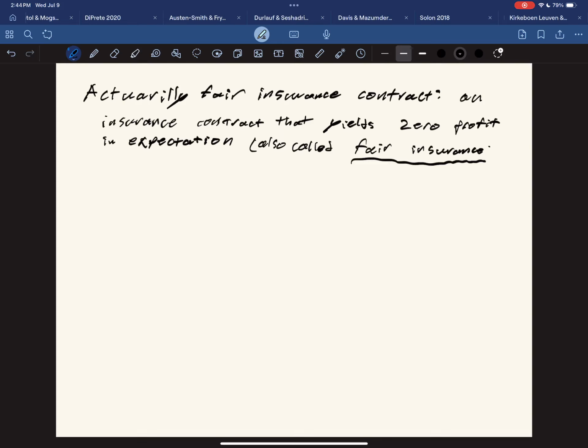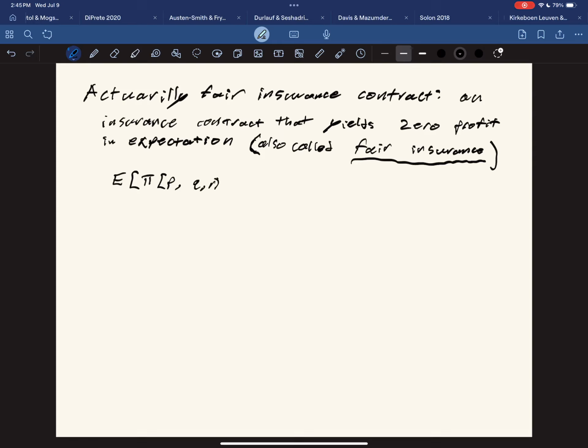So we can write this as the expected value of the profit. Pi is profit here.